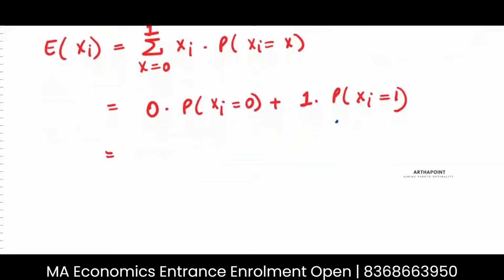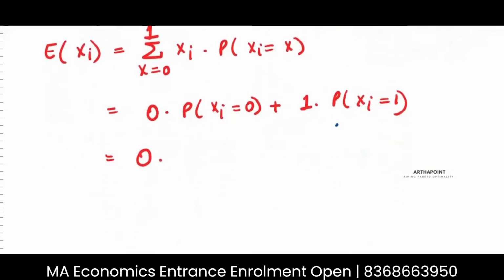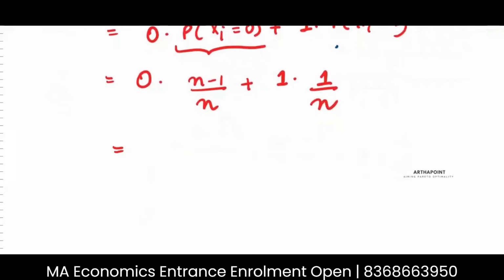The probability that xi is 0 will be all the other possibilities. You get a wrong tag all the remaining number of times, so (n-1) by n, plus you get the right name tag only one time, so this is 1 by n. So this will be 1 into 1 by n, which will be 1 by n.